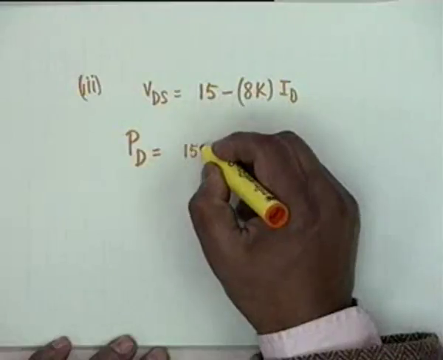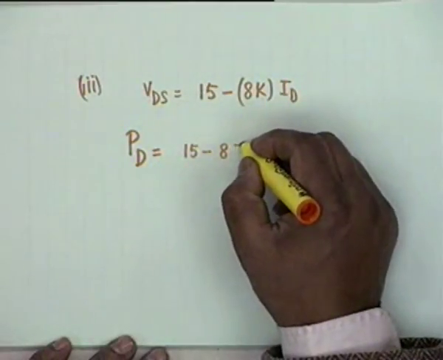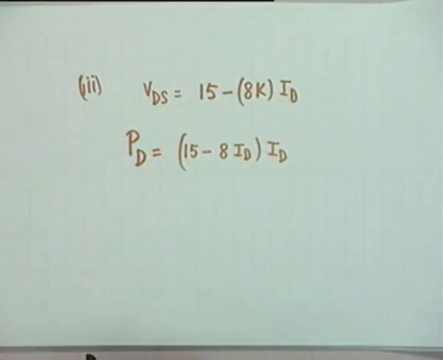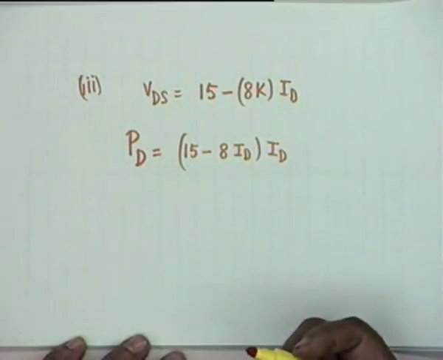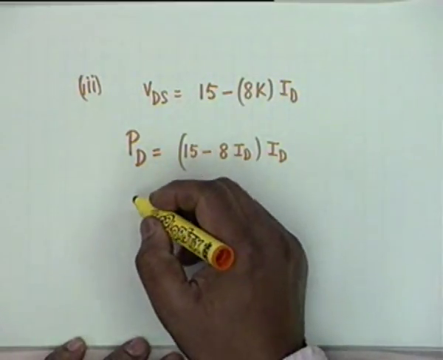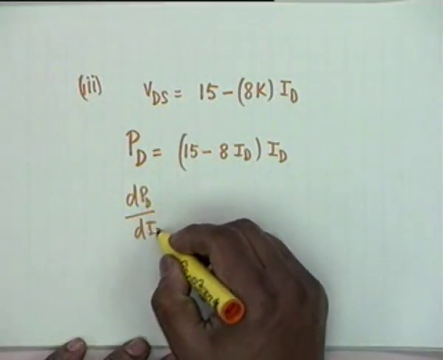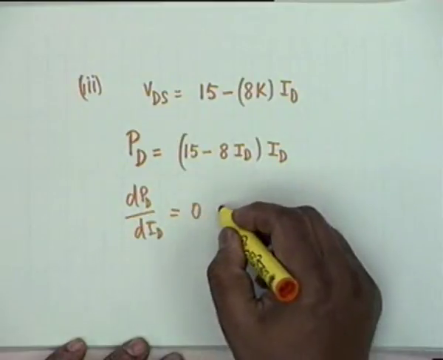So it would be (15 minus 8 I sub D) multiplied by I sub D, where I sub D is in milliamperes. And you want this power dissipation to be maximum, so you put dPd/dId equal to 0.